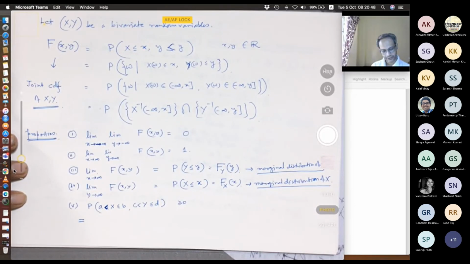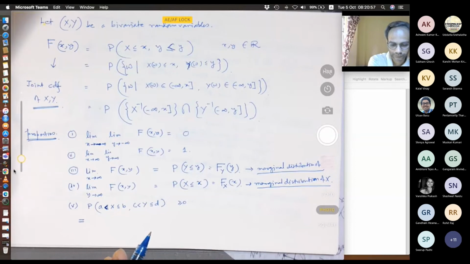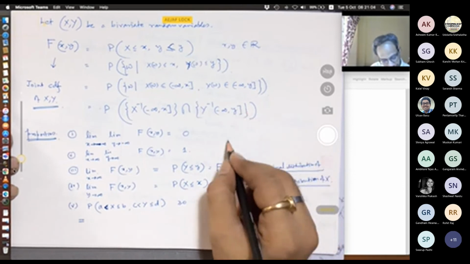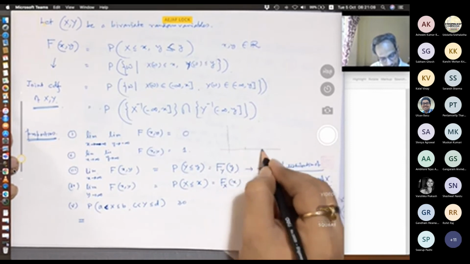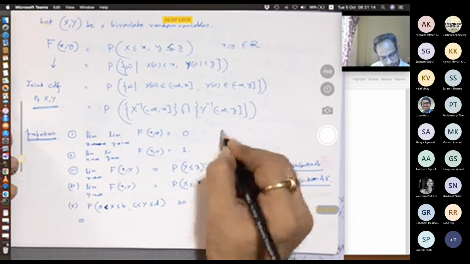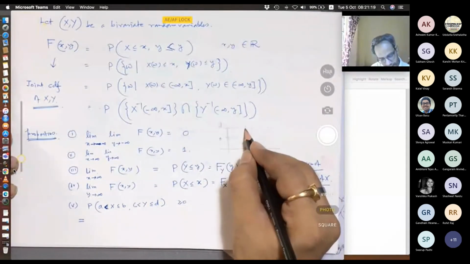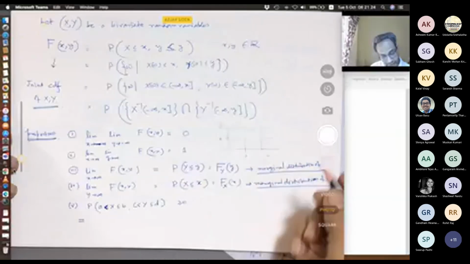So if you just consider this diagram, that may be something like this, A to B, C to D. Okay, so these are the points.